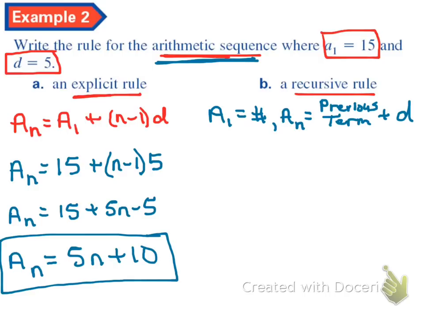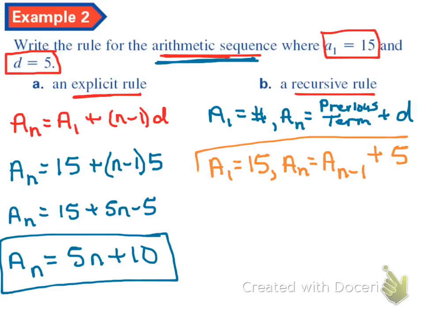To write this rule as a recursive rule, we would need to first give the first term. The first term is 15, and then every term after the first term is found by taking the previous term, or remember, previous term is written as a sub n minus 1, plus the common difference, 5. That's it.